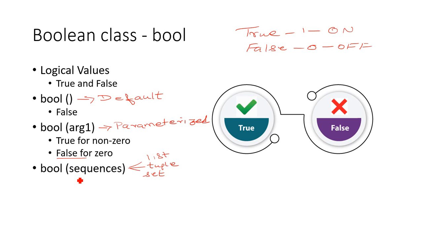For a non-empty sequence, meaning the sequence is filled with some values, it returns True, and for an empty sequence, it returns False.